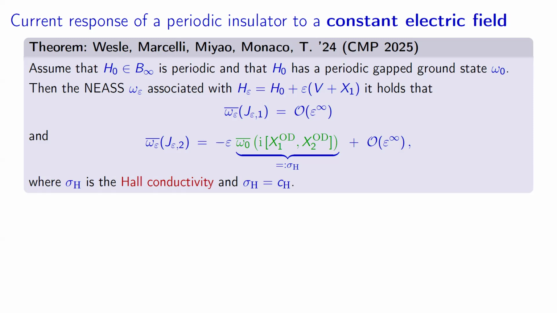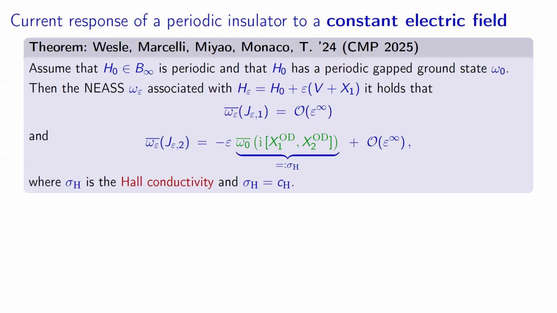And the result, as it is published now, is only proven for periodic H naught. But actually, I will also tell you how to generalize it to non-periodic. And it says the following. So we start in the gapped ground state. We apply a perturbation where V is completely arbitrary, linear but bounded, locally bounded. And X1 is a linear potential in the one direction.